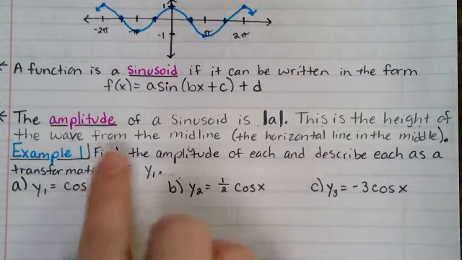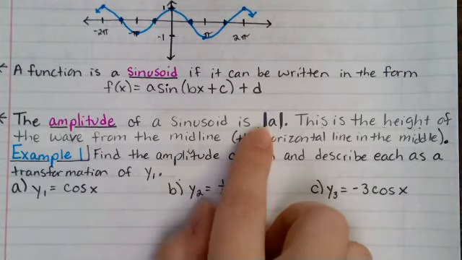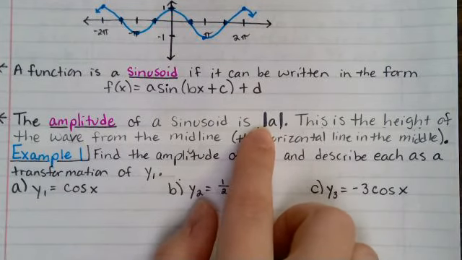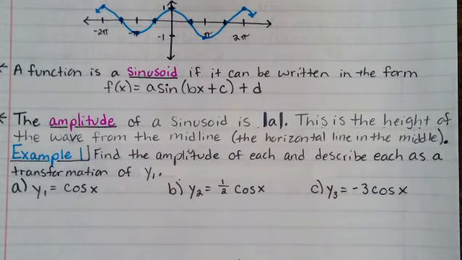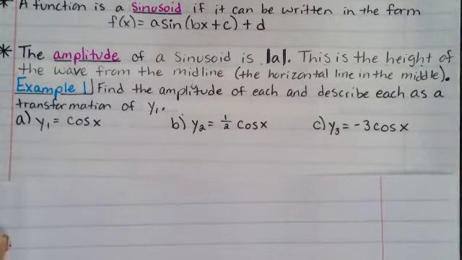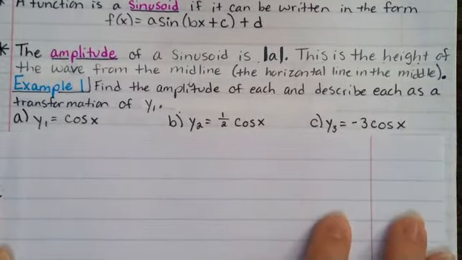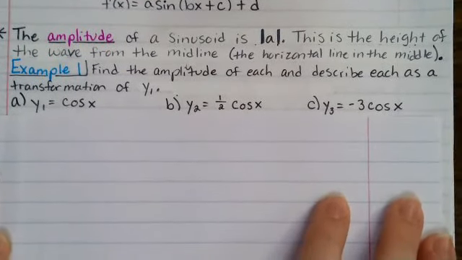So what we want to look for with the amplitude is, yes, that A value, but more specifically, we want the absolute value of it. Your amplitude is never going to be negative because it is looking at a distance, so you don't need a negative value. That doesn't mean that negatives are not important, because negatives still indicate reflections just like they have in the past. But we're just going to look at the absolute value to tell what the amplitude is.